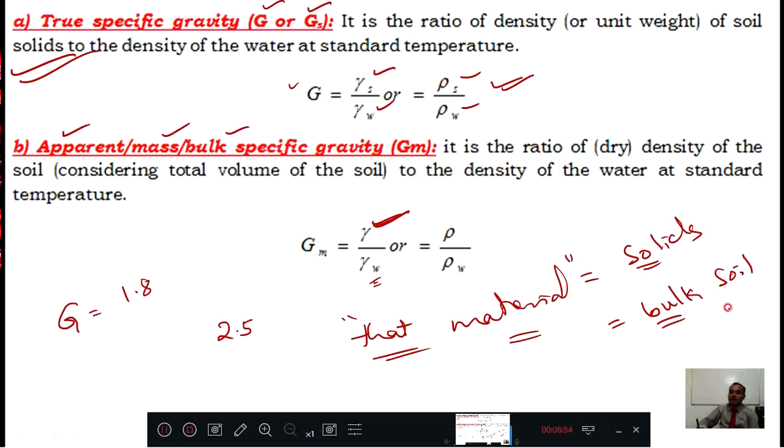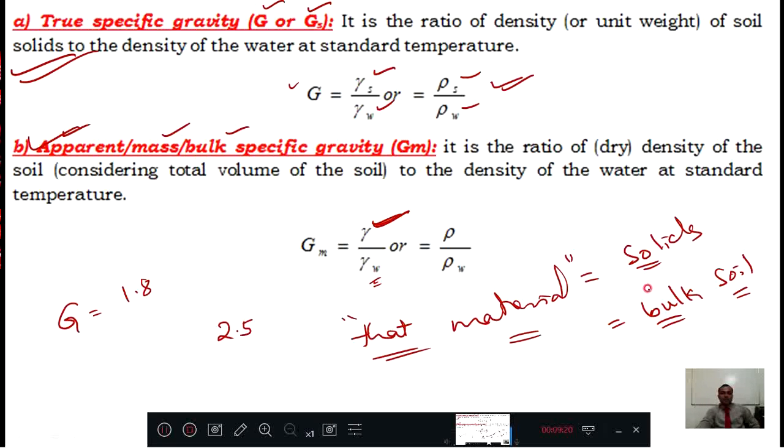If that material is bulk soil, then I have the apparent, mass or bulk specific gravity. This is just a difference you need to remember. For further definitions, you can go deeper into the difference between true and apparent by considering voids. There are two types of voids, permeable voids and impermeable voids. You can go through that also, but for the time being this is enough.